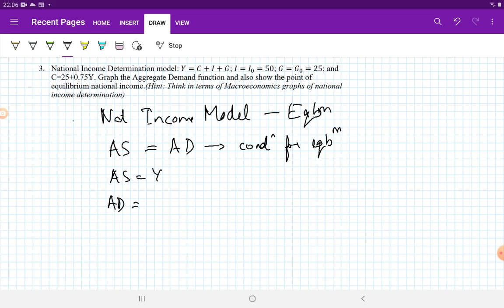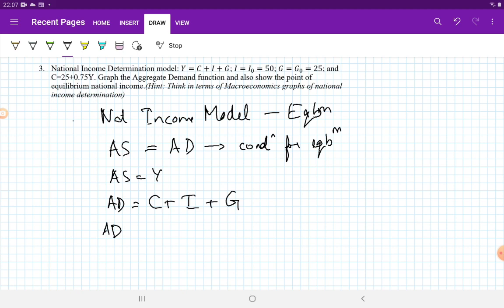Aggregate demand is demand for consumption expenditure plus investment expenditure plus net government expenditure, since this is a 3-sector model. Had it been a 4-sector model, we would have had the foreign sector or the trade sector as well. So first let me formulate the aggregate demand equation.